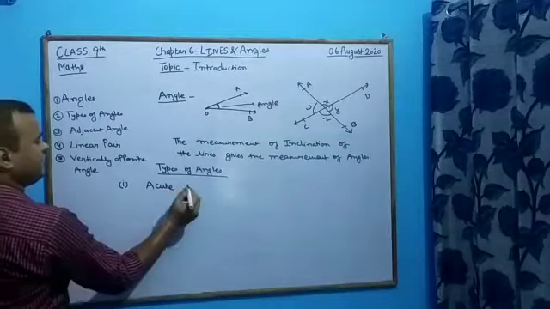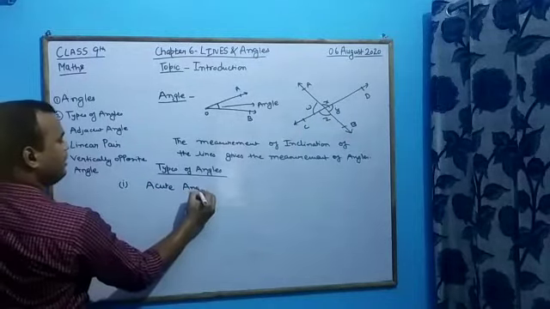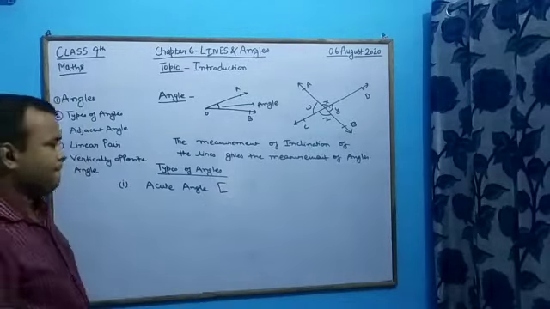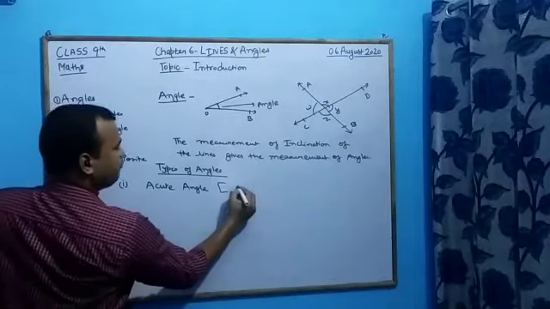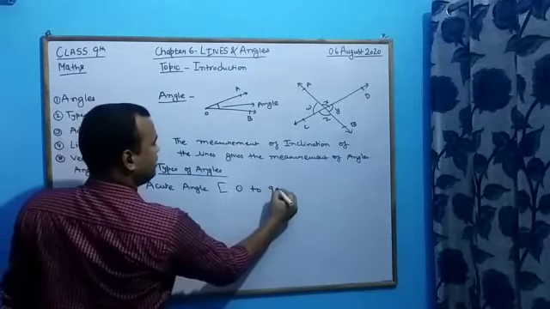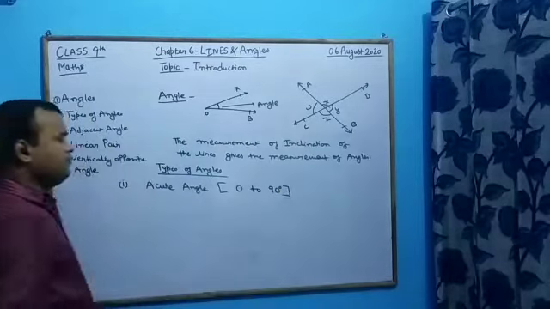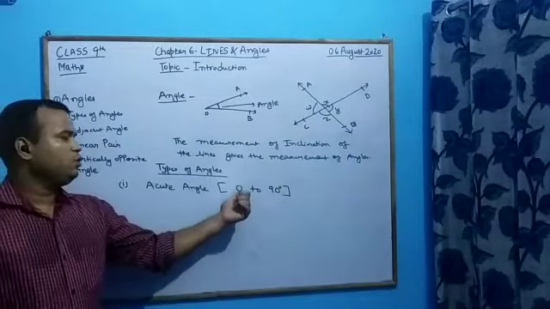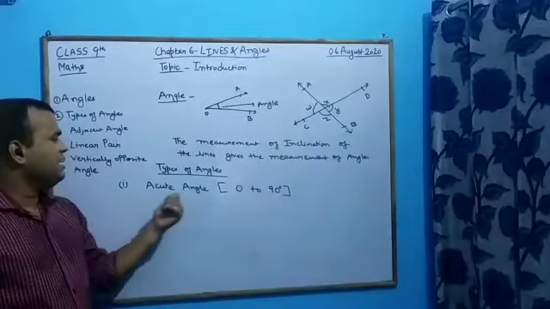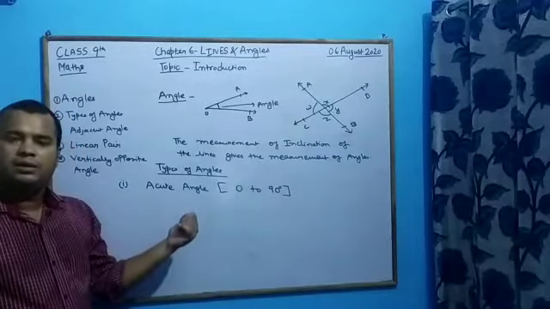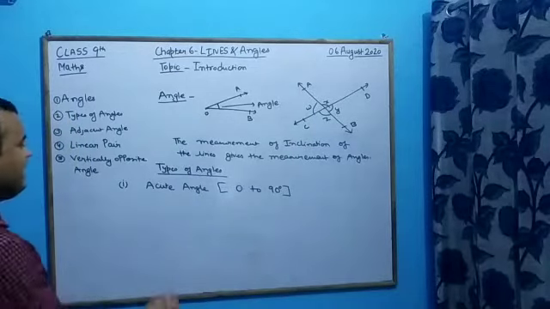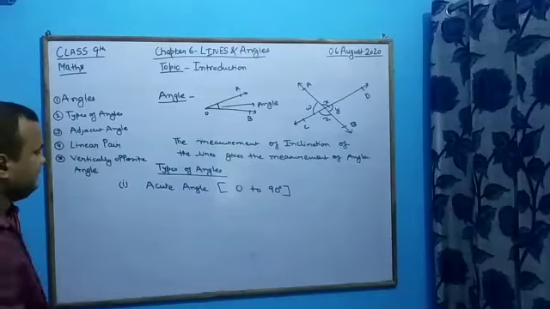The first type is the acute angle. Acute angles vary from 0 up to 90. All the angles lying between 0 and 90 are known as acute angles.